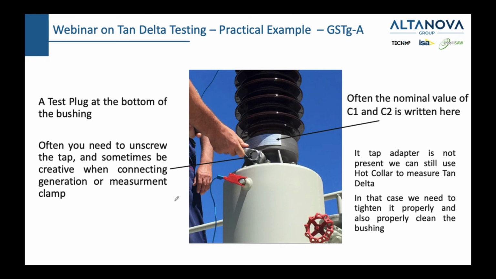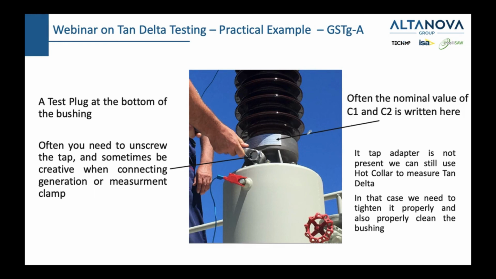If you want to measure the bushing, there is a test plug here, and this test plug needs to be unscrewed, and then you would connect first measurement and later generation here. There are two values you measure on each bushing, C1 and C2.